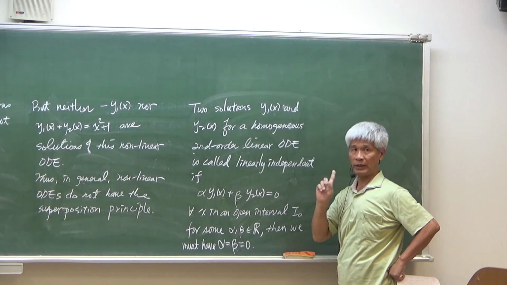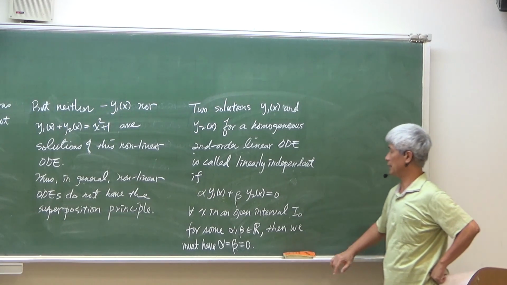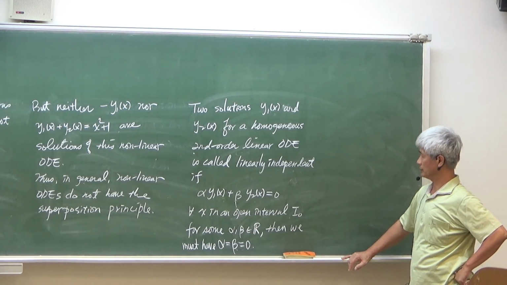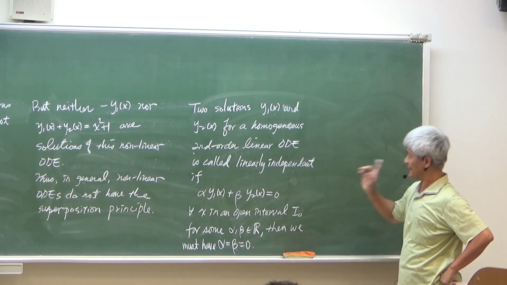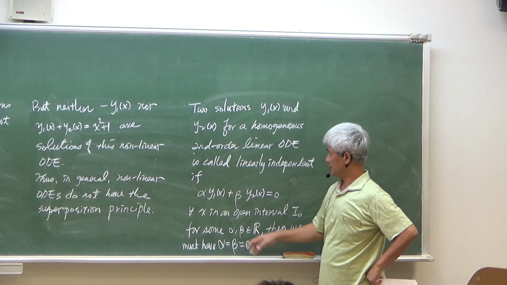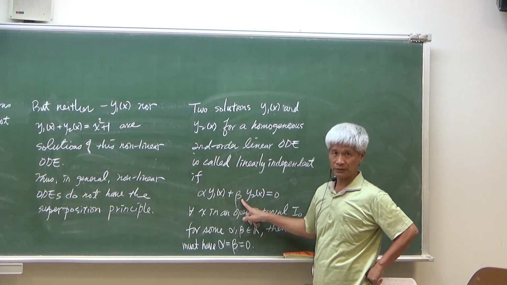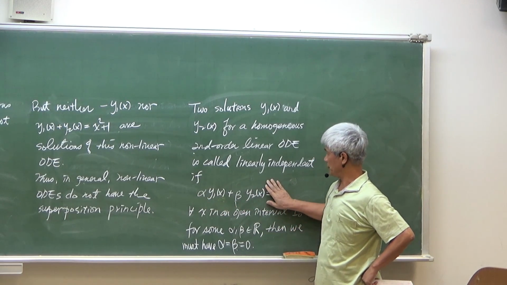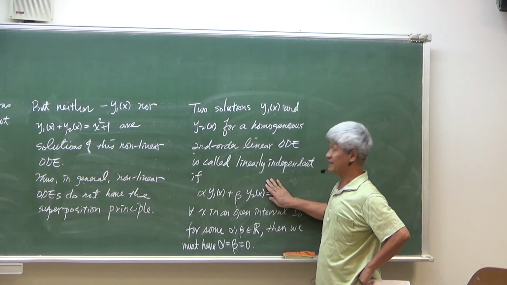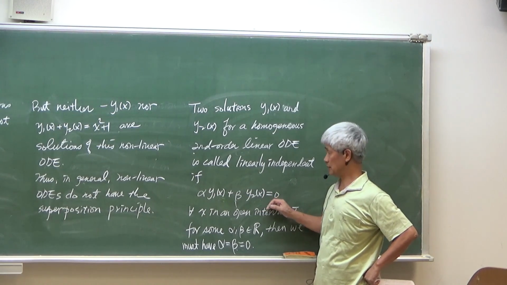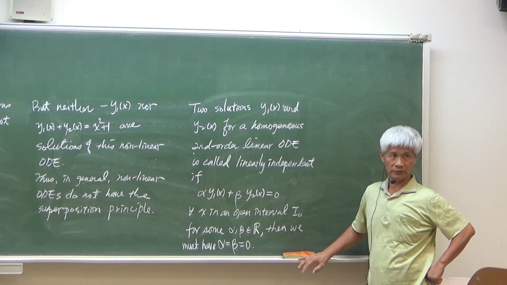This is the only possible choice. Okay. So it says that if either alpha is not equal to 0, or beta is not equal to 0, then this superposition is not a zero function in an open interval.